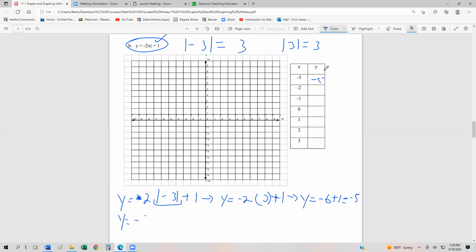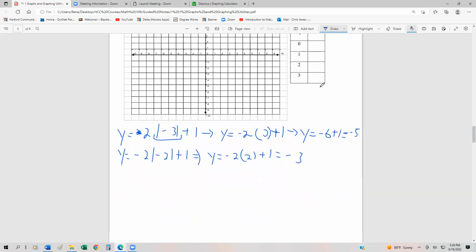We're just going to do this a few more times. So we have the absolute value of -2: y equals -2 times the absolute value of -2, plus 1. And that's going to be y equals -2 times 2 plus 1. And ultimately, that's just going to work out to be -3. And we can see if we keep doing this.